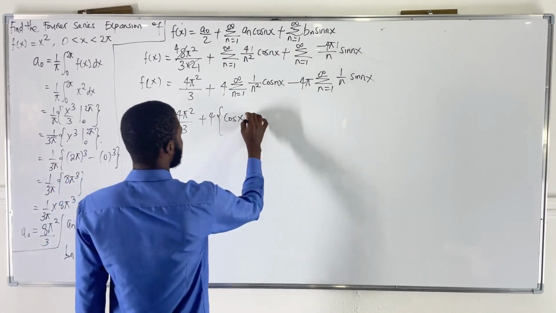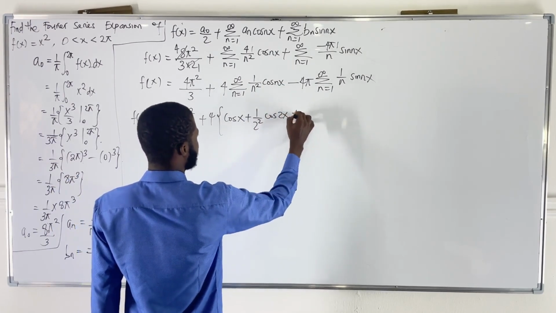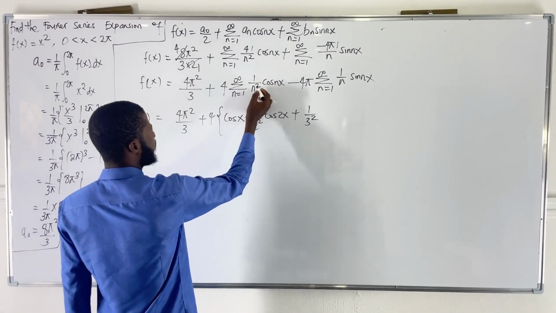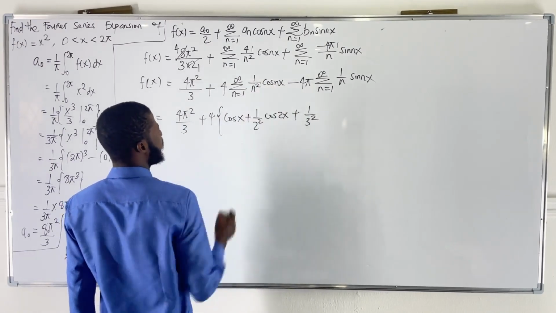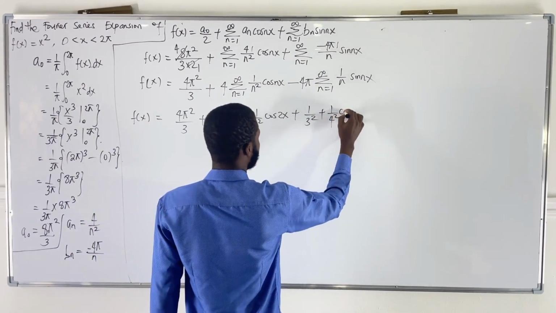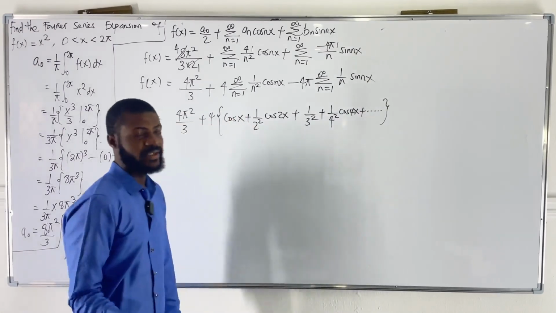Let's put in 2. This will be 1 over 2 squared cos 2x. Let's put in 3. 1 over 3 squared cos 3x. Anywhere you see n, that's where you put the number. Plus 1 over 4 squared cos 4x, and just like that, because you can't really go to infinity.